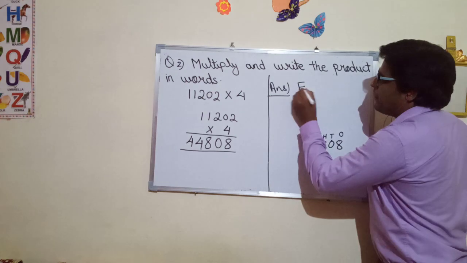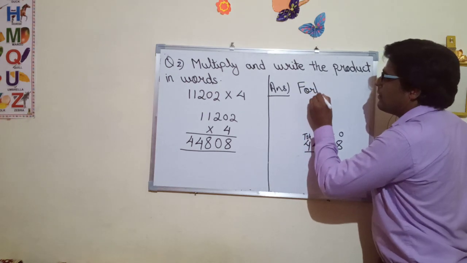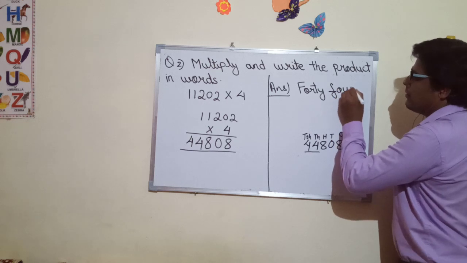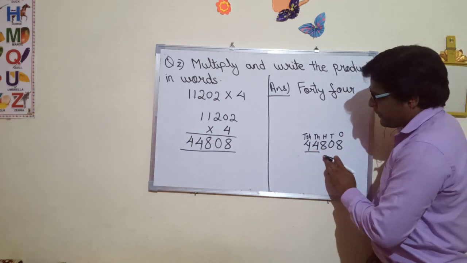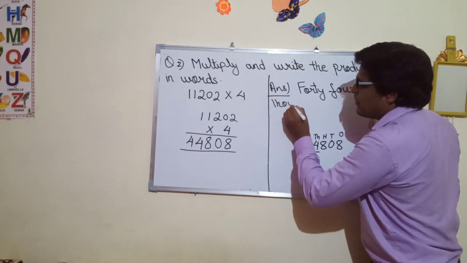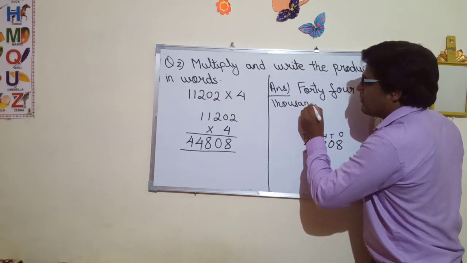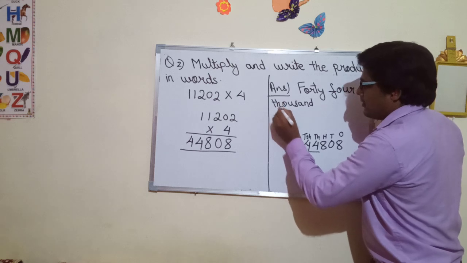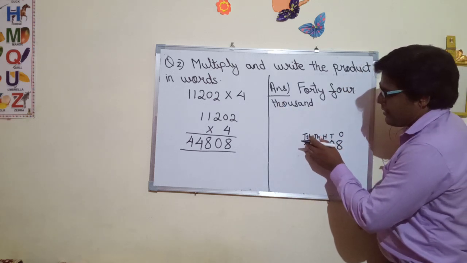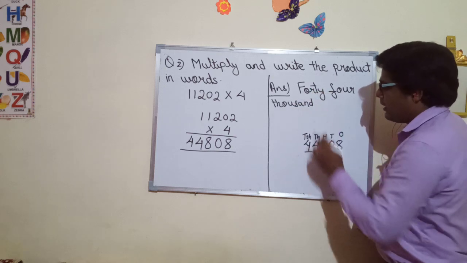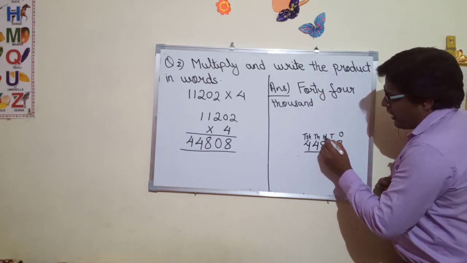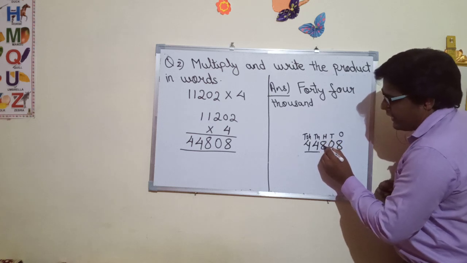So here you will write 44,000. This 44 will come in the thousands group. Now in hundreds place we are having 8.